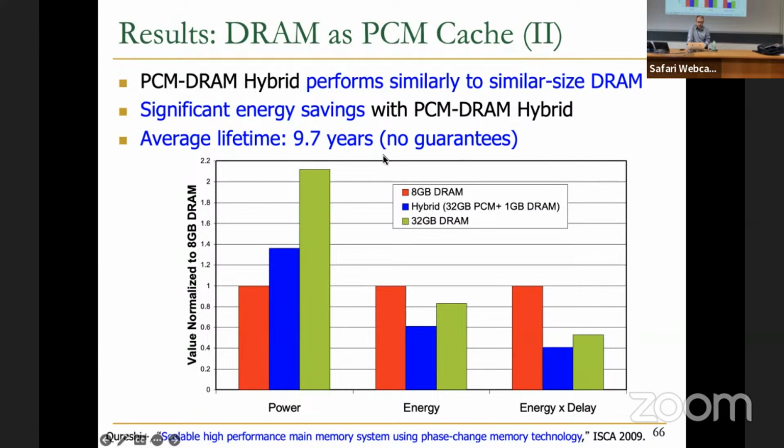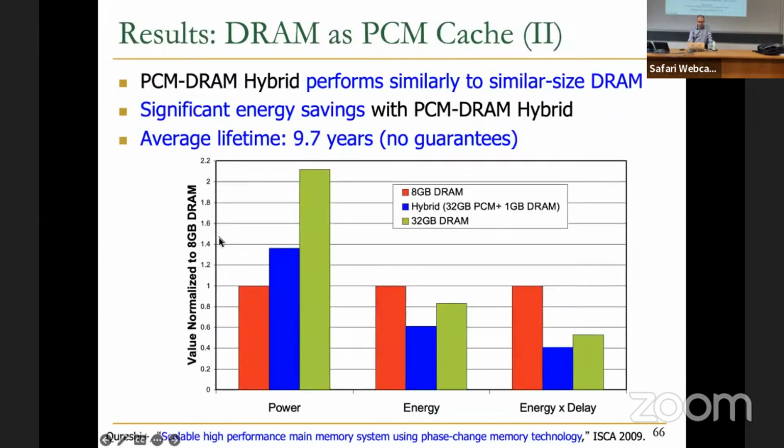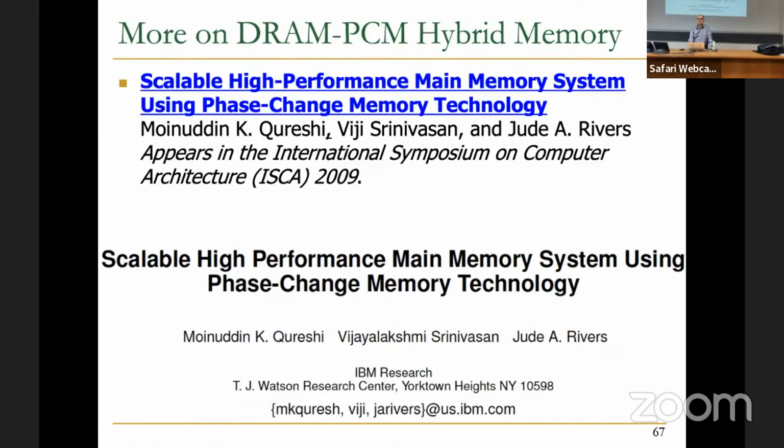But of course, there are no guarantees, because a worst case scenario can wear out your system quite fast. If you want to learn more, you can check this paper, which was also from IBM Research: Scalable High-Performance Main Memory System Using Phase Change Memory Technology. Any questions?